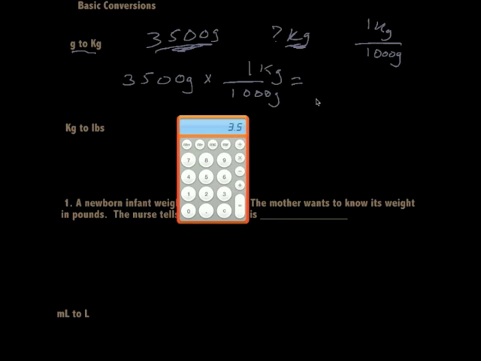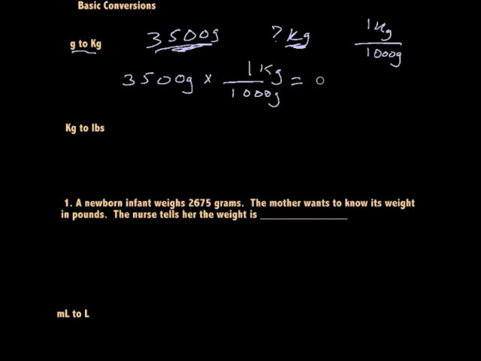It's going to leave us with 3.5 kilograms. This is a weight, so we go out to the thousandths place, which would be right here, and we round to the hundredths place, which is right here. And it's pretty much solid and done for us anyway, so we don't have to worry about doing that.